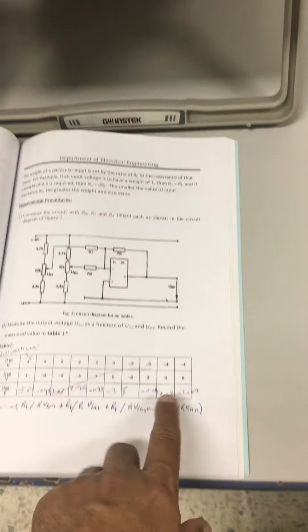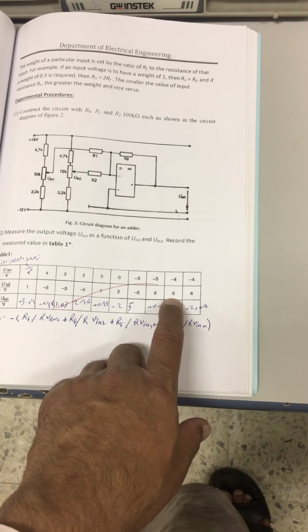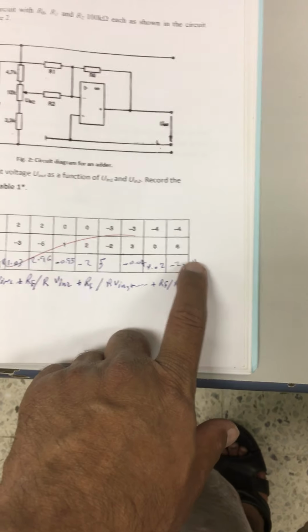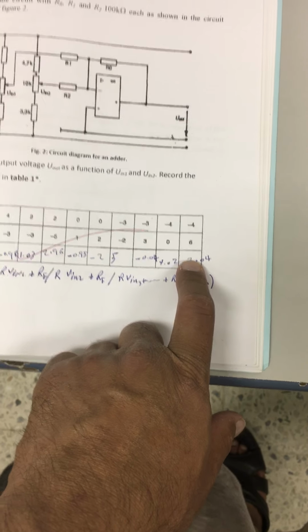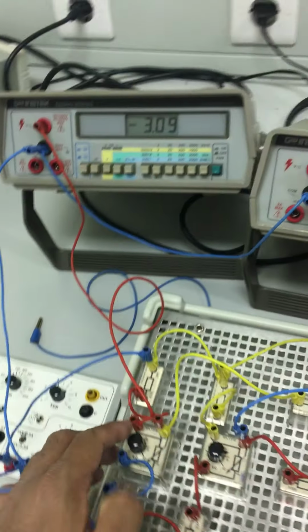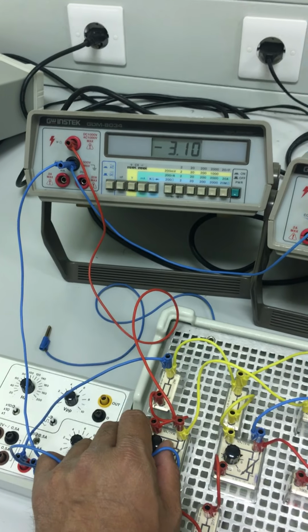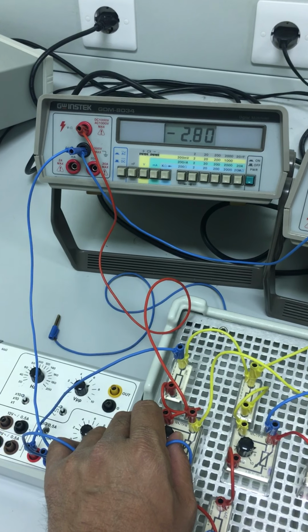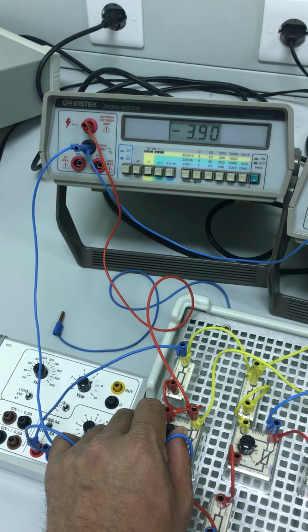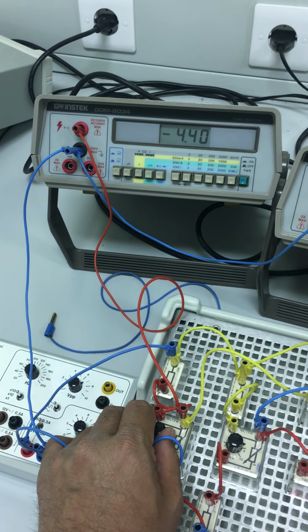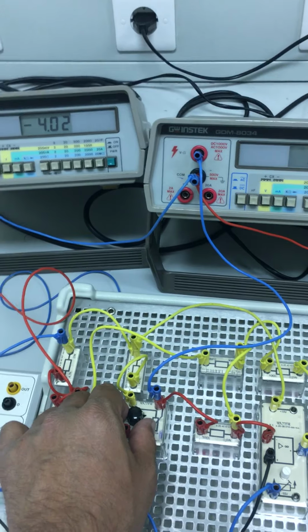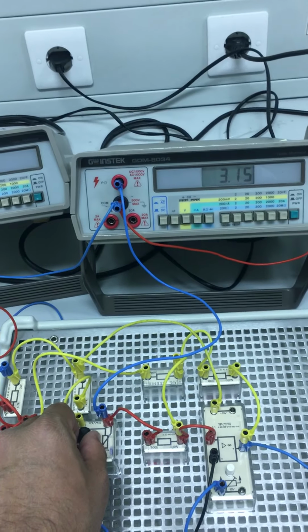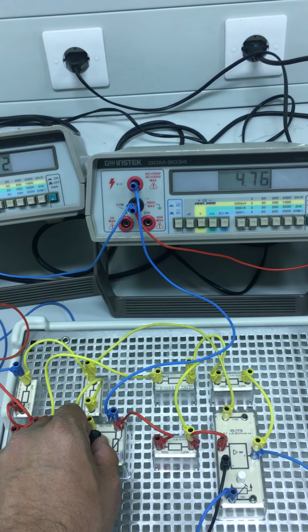And the last column, I am skipping this column and going for the last column: -4 plus 6. -4 is U in 1, sorry, this is -4 approximately, and this is +6, U in 2 is +6.